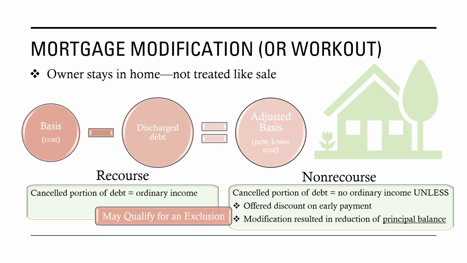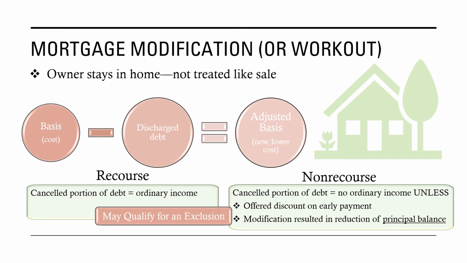However, the cancellation of debt does affect the owner's basis, remember their cost. And we talked about sometimes there are things that happen after the initial cost that can raise the basis, the input that the taxpayer paid into the cost, or there are things that can lower the basis, things that the owner received a benefit for, and so that's going to lower the amount that they have as cost in this property.